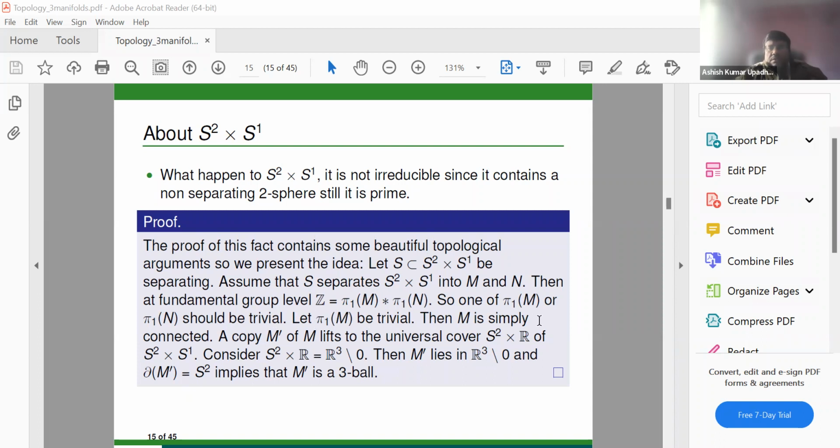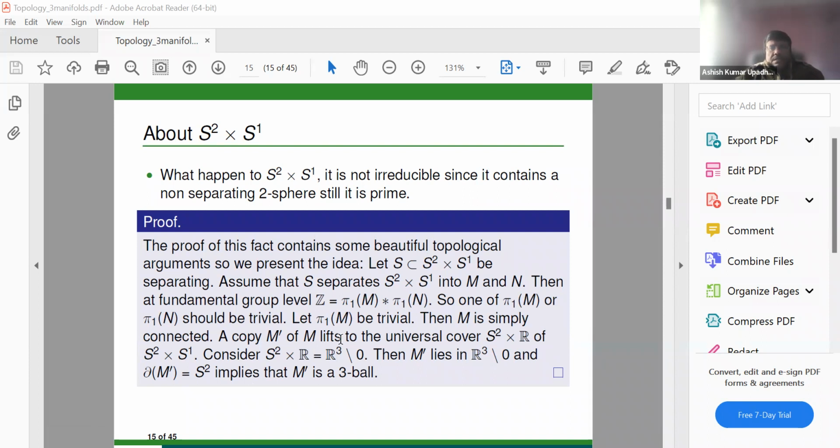Then what happens? Pi 1 M trivial implies that the manifold M is simply connected. Now, a copy M dash of M will lift to the universal cover S2 cross R of this manifold S2 cross S1 by the lifting property.